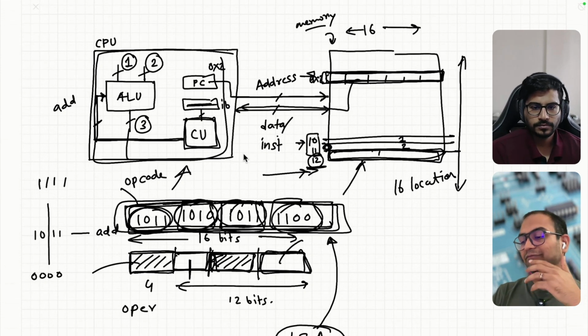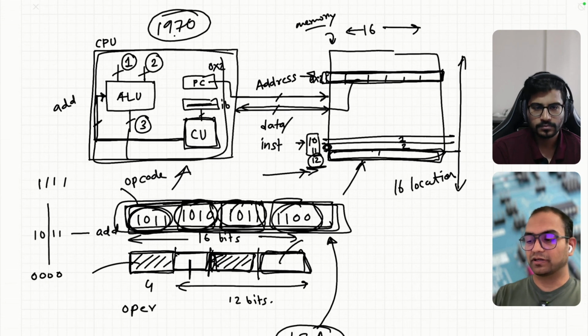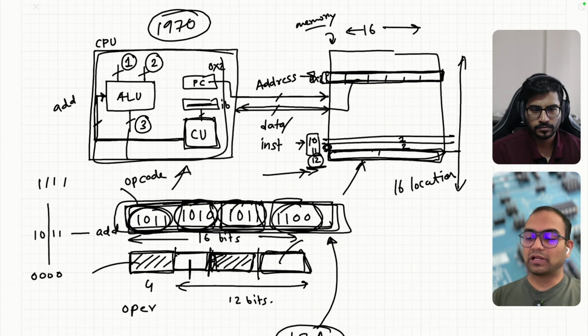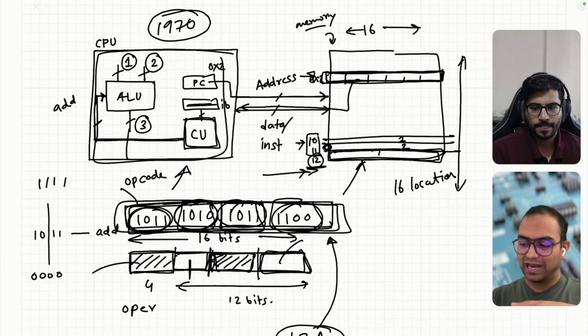All right. I did not talk about it here, but we'll cover it later. This again is coming from the 1970s, where the CPU would only execute one program. Later, the CPU evolved to execute multiple programs, and that leads to the concept of the operating system.